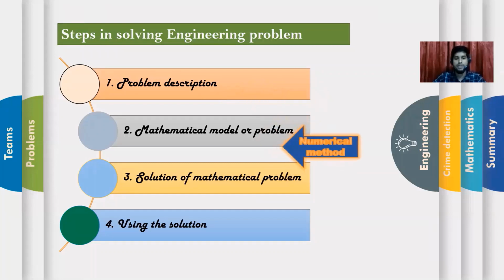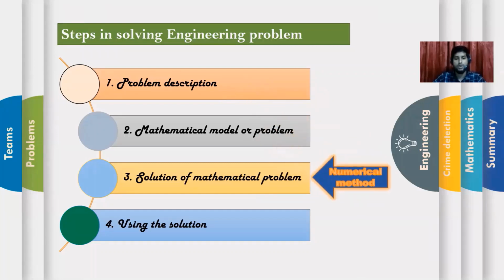This is the basic process to solve an engineering problem. But where is the numerical method used here? It is the third step. To solve their model, they use numerical methods.